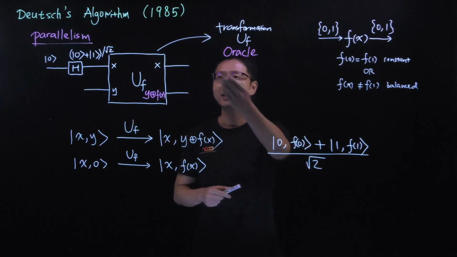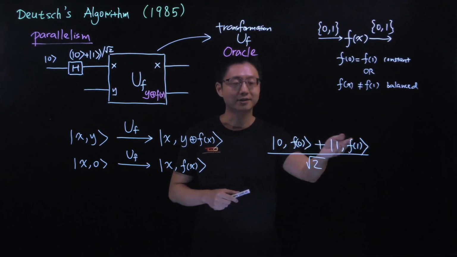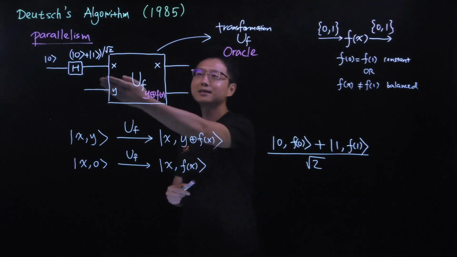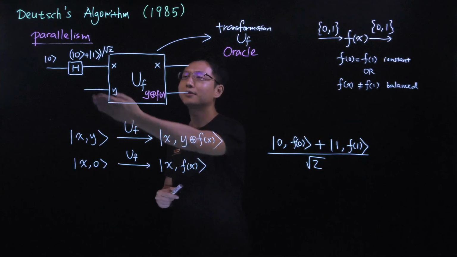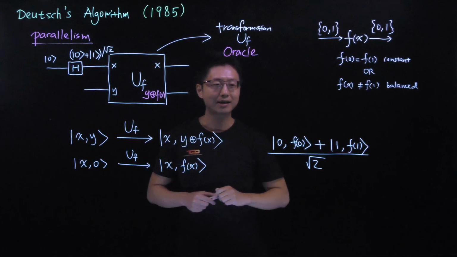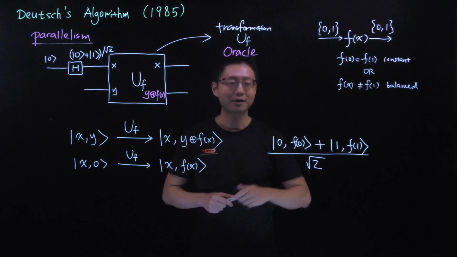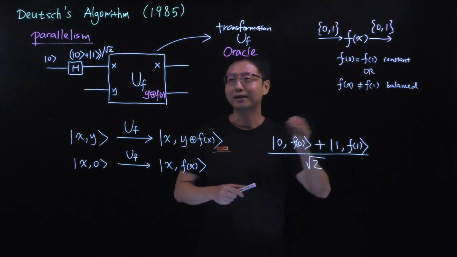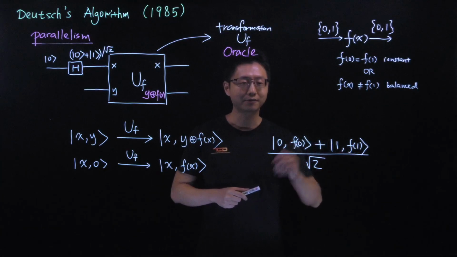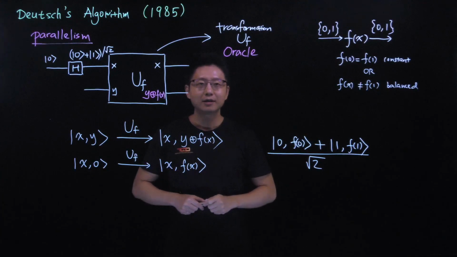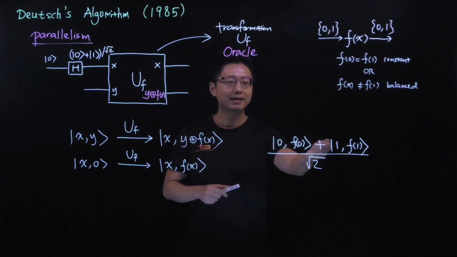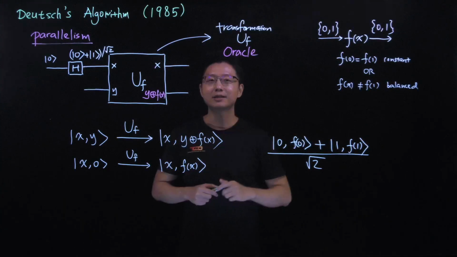Half of the time, its result is 0, half of the time the result is 1. With a single-shot measurement, that is, if we only query this machine once, we could get either 0, and then we have the information about f of 0, or 1, and then we get the information about f of 1, but not both of them. So while this information is clearly in this state, it's not immediately useful.